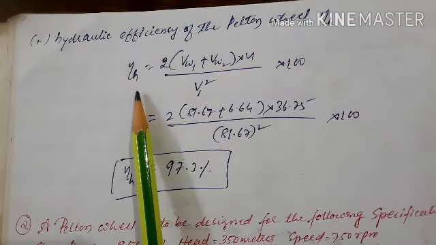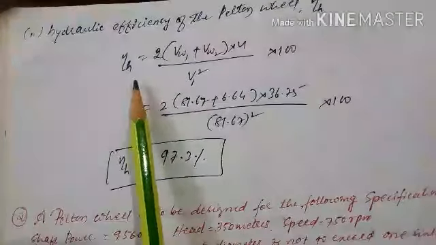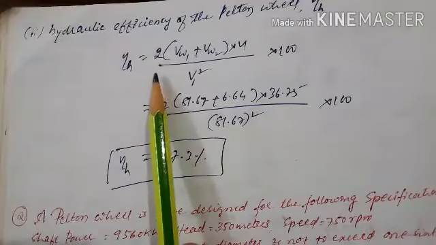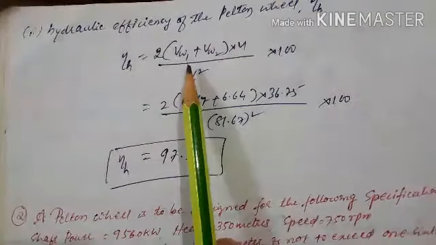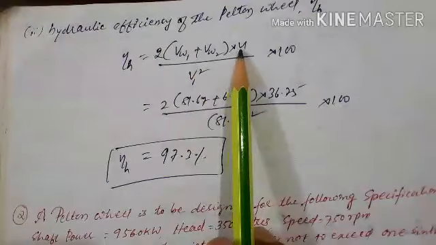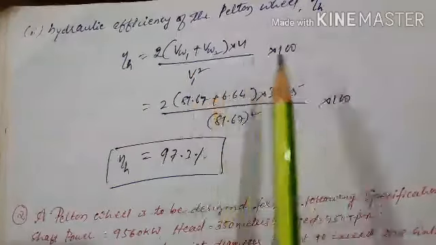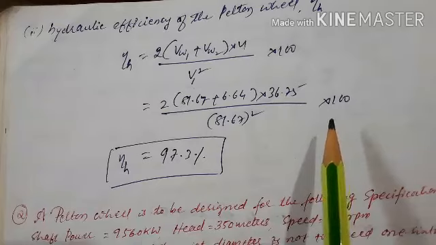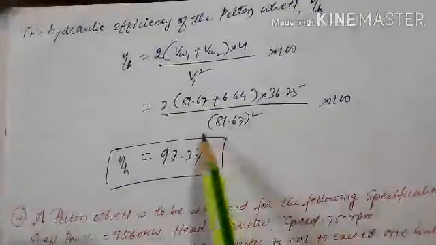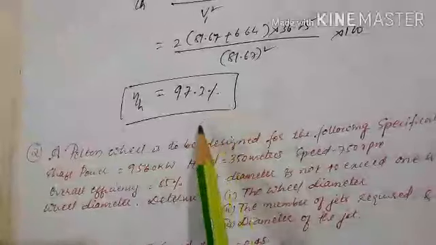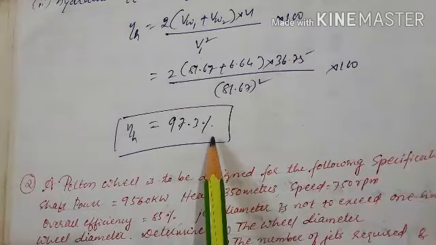Hydraulic efficiency, this one, 2 times of vw1 plus vw2 into u divided by v1 square. Okay, then you will be getting this much efficiency.